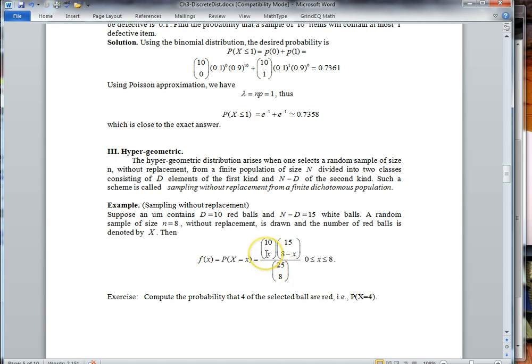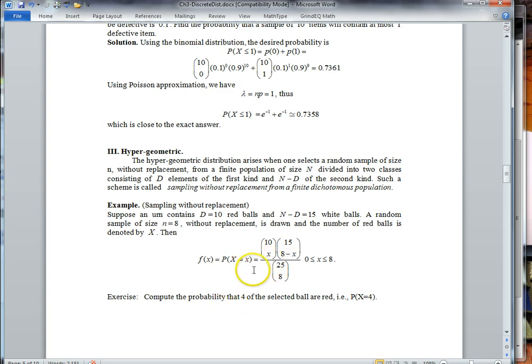So x would be 4, and if I get 4, how many would be left? That means I need 4 white balls, or 8 minus 4. So out of the 15 white balls, that's 15 choose 4 here. Okay, and that's how you compute that.